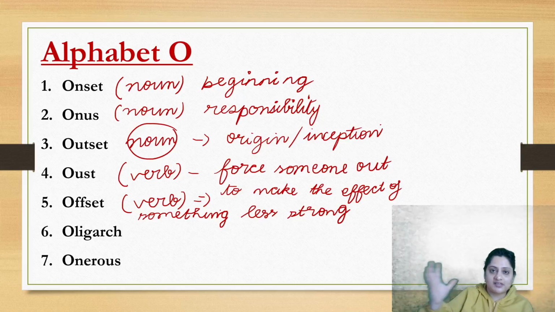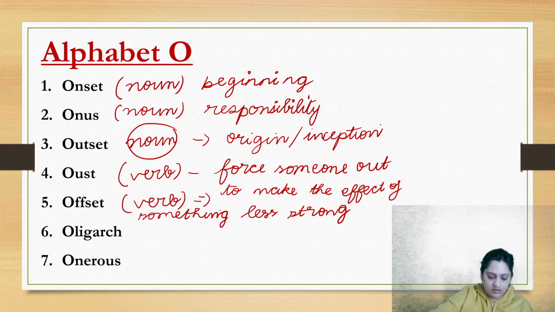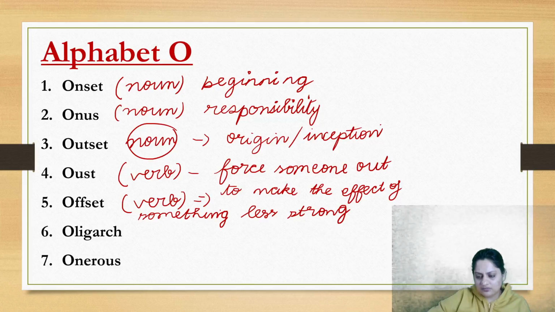For example, there is an opposing influence and you want to balance it so that there is no difference in the result, you offset. It looks like a tricky meaning, but it is not. Just remember it like balance. Clear? So offset, just remember like balance.